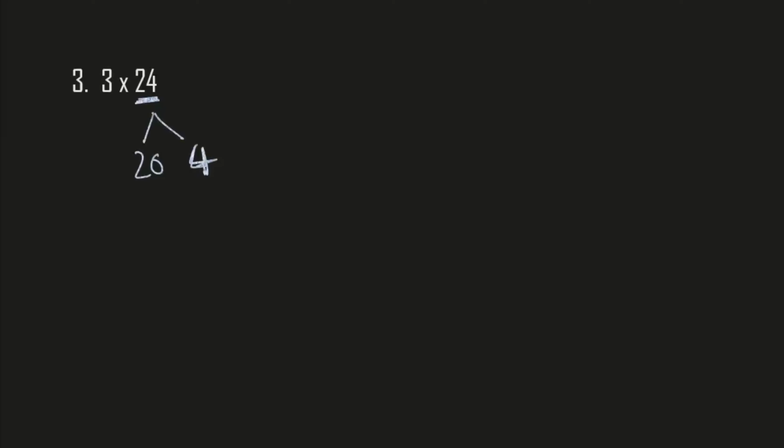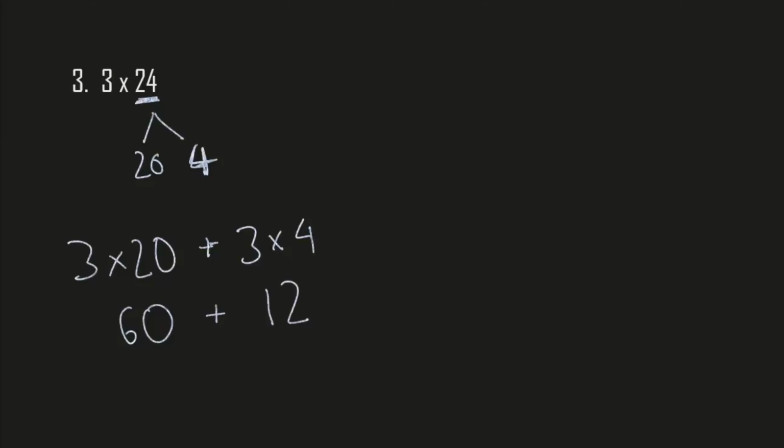So what we're going to do is 3 times 20 plus 3 times 4. This might be a bit harder because the number is higher, but it's easier than doing 3 times 24. So now we're going to do 3 times 20, which is 60, plus 3 times 4, which is 12.